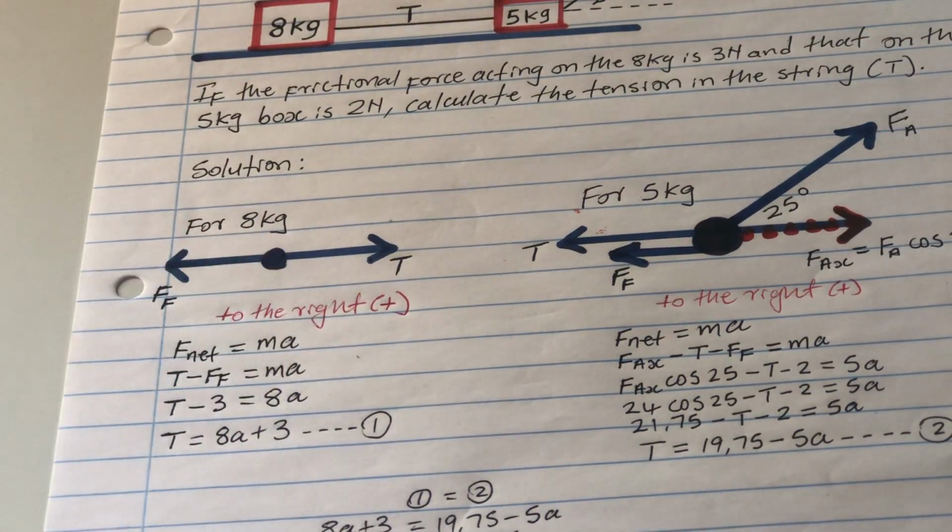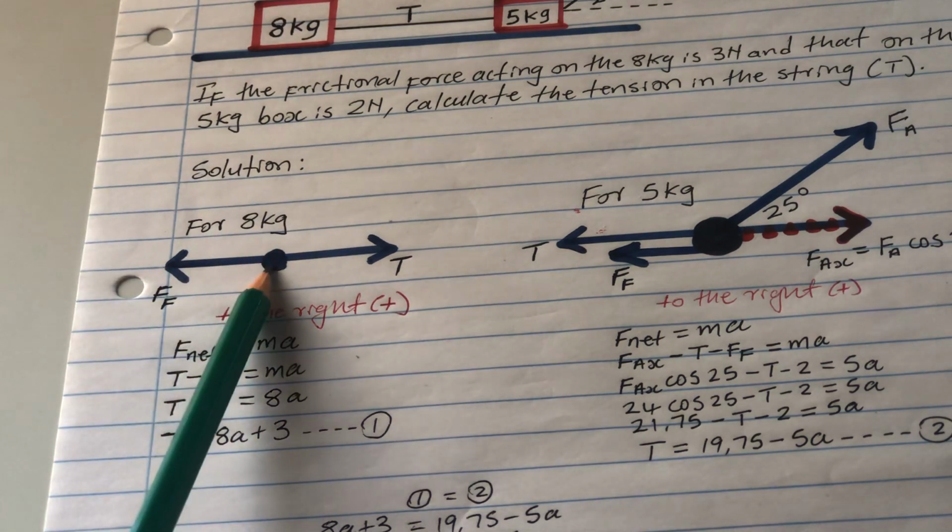For the 8 kg, what one must do is to draw a free body diagram of the 8 kg box, and one must only indicate the horizontal forces that are acting on it.